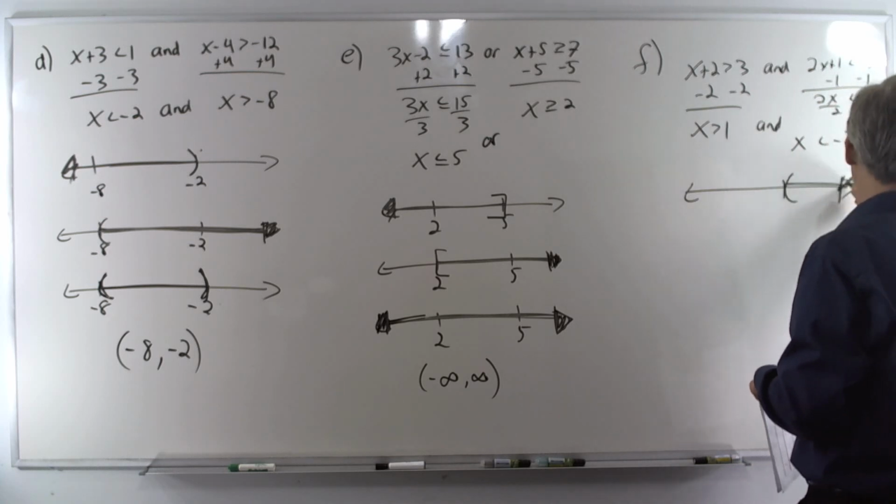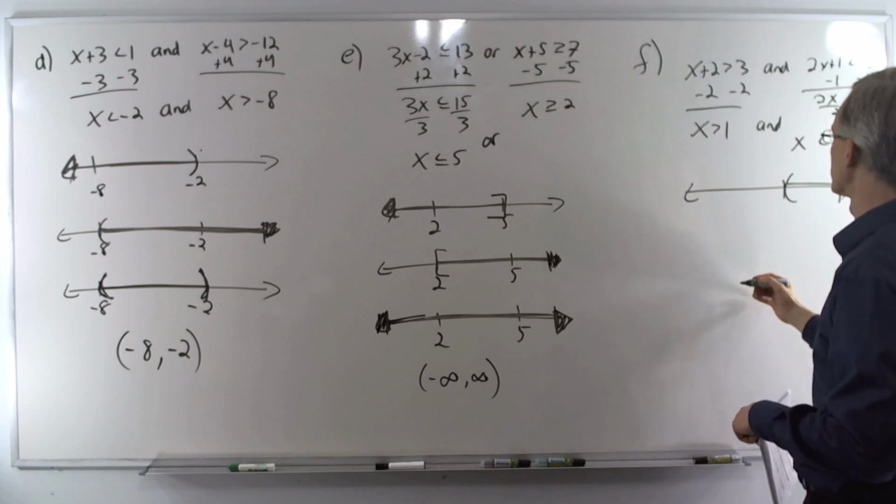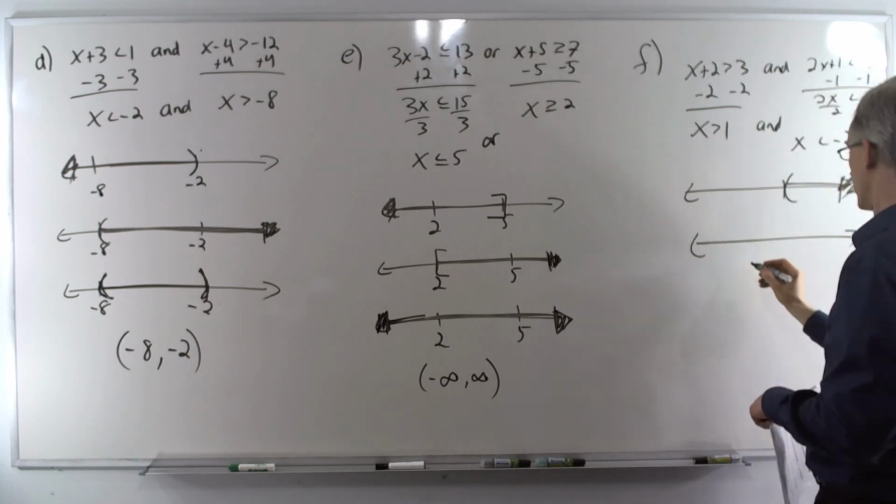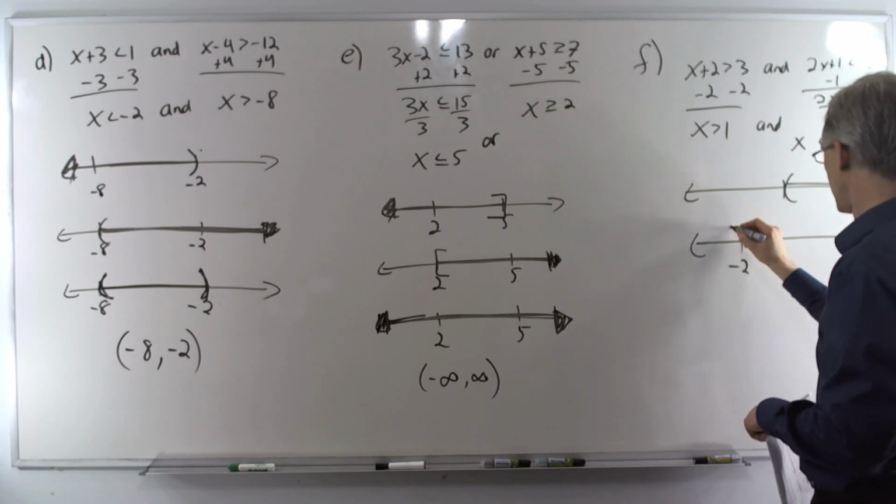All right, greater than 1 takes us to the right with a parenthesis, which is strictly greater than. Second one, we're over here at -2, going to the left.